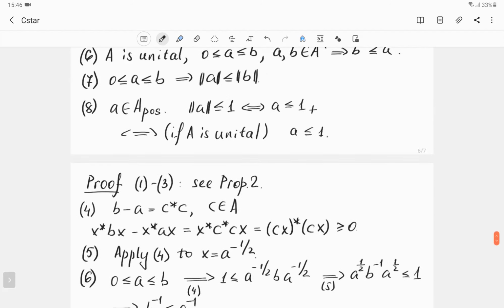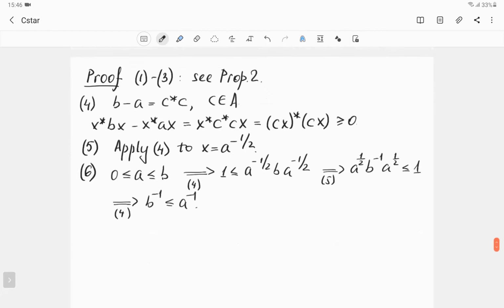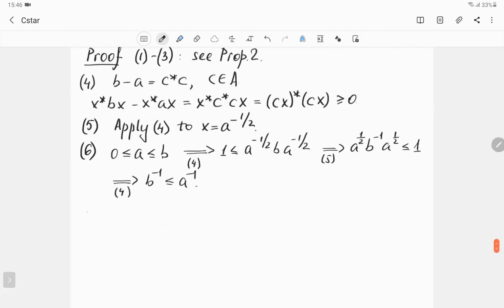Property 7. If a is less than or equal to b, then the norm of a is less than or equal to the norm of b. Okay, we do the following. We apply the Gelfand-Naimark theorem twice. First, we apply the first Gelfand-Naimark theorem to the C-star subalgebra of A generated by B and the identity.